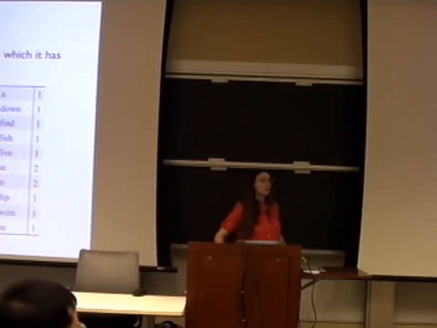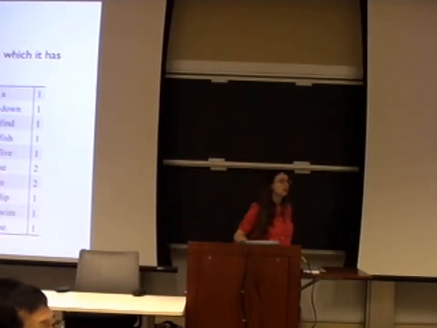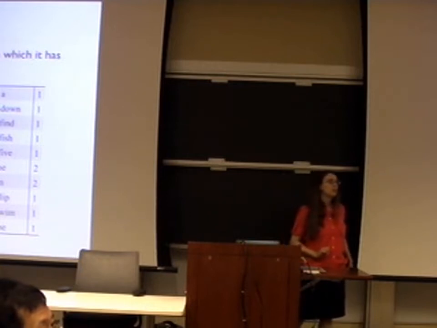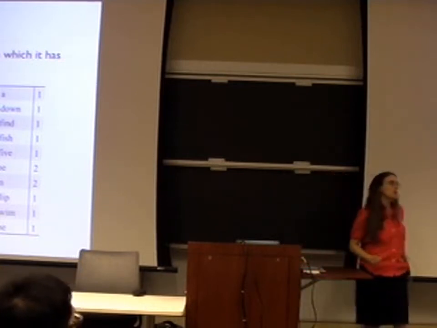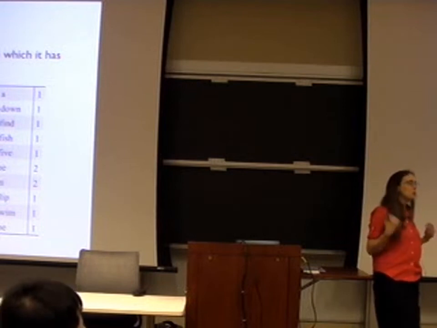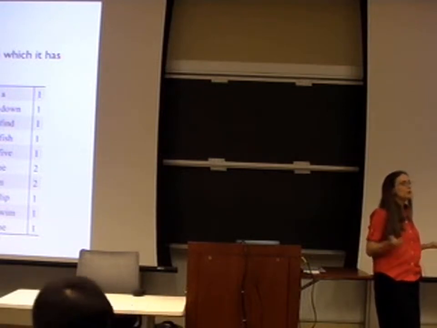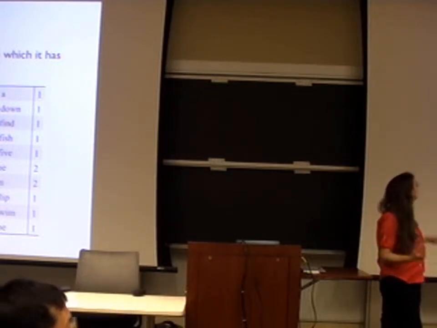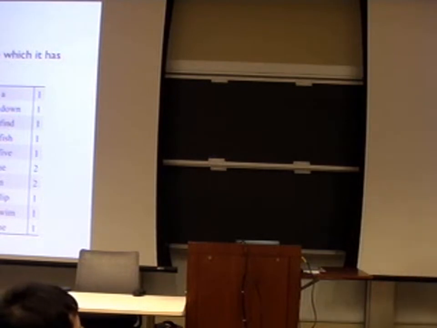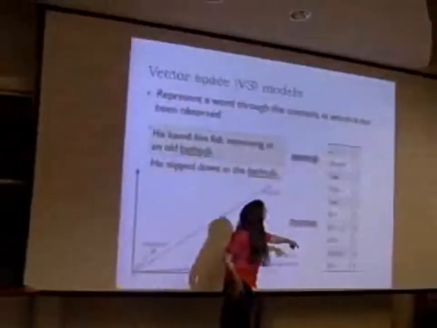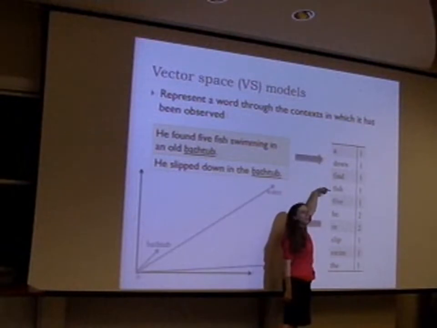Before you go further, can I just ask, what are the coordinates of your space? The coordinates of the space can be different things. They can be words that you observe in the context of, say, bathtub. So the way that I've done this here, the coordinates are words, so things like a, down, find, and fish. But they don't need to be words.